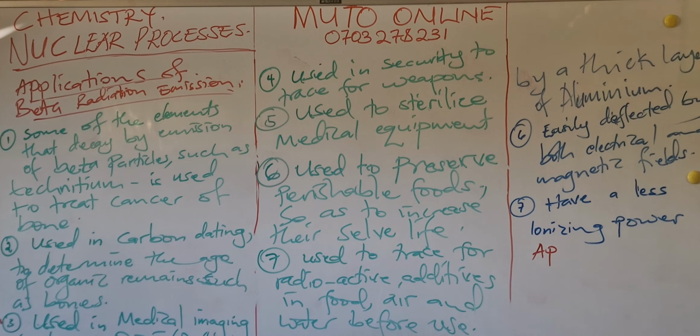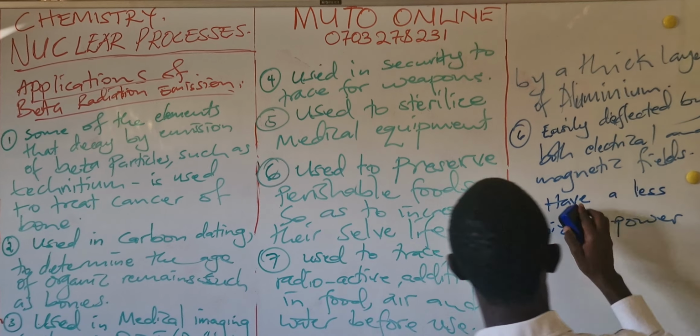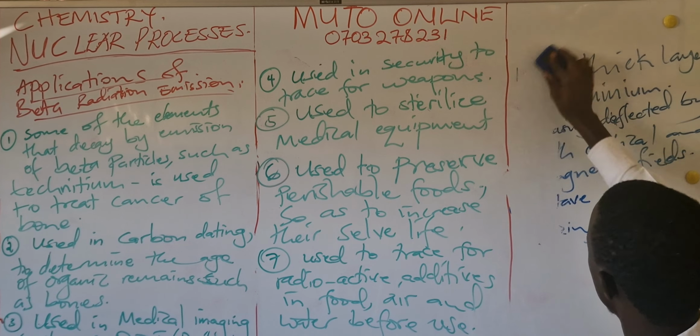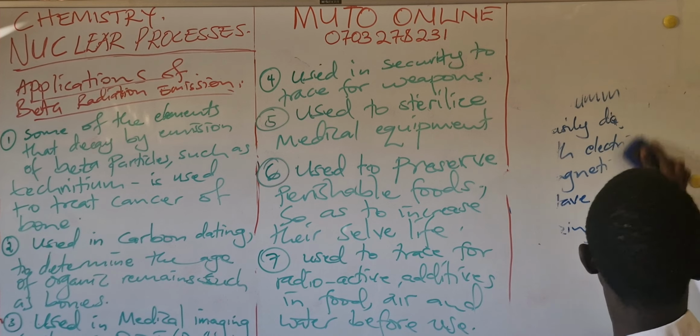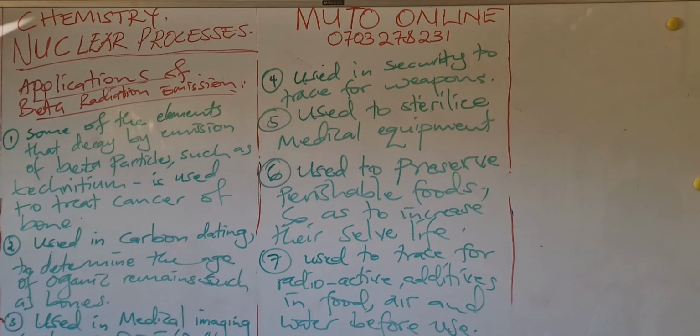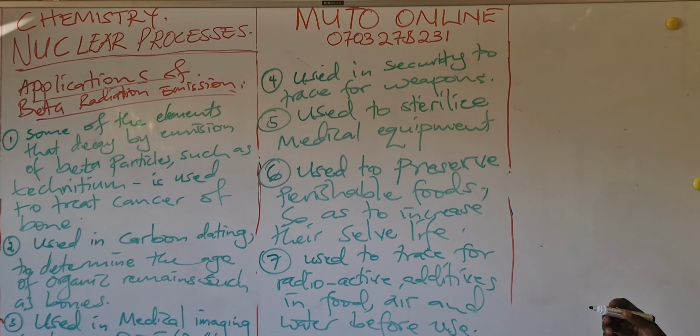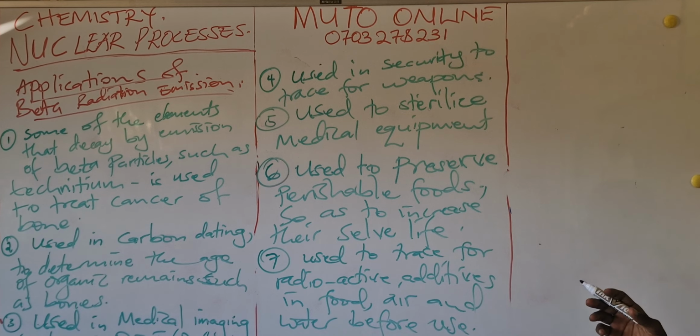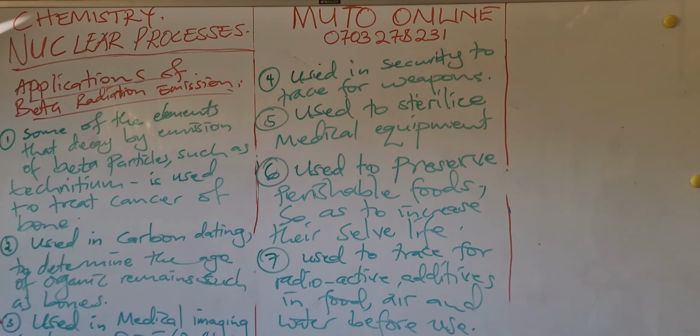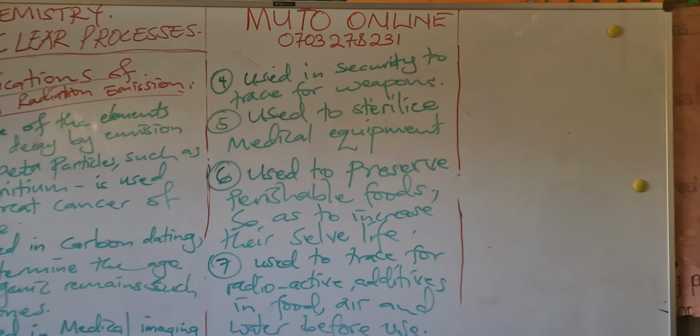So to compare the beta particles with alpha particles, in terms of characteristics, these beta radiations are of great application, and we've seen some of the properties of these radiations.